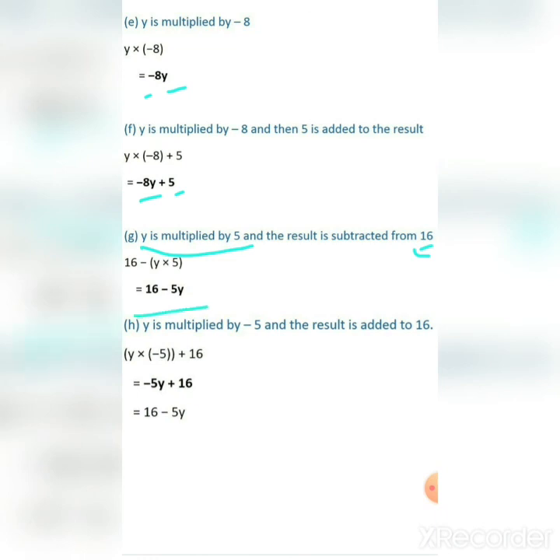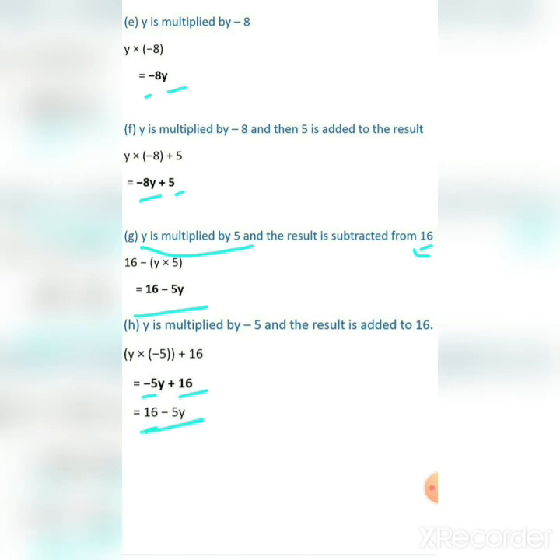Last one is y is multiplied by minus 5 and the result is added to 16. So minus 5y plus 16, but the number 16 is with a plus sign, so it will be written first and this minus will be written afterwards.